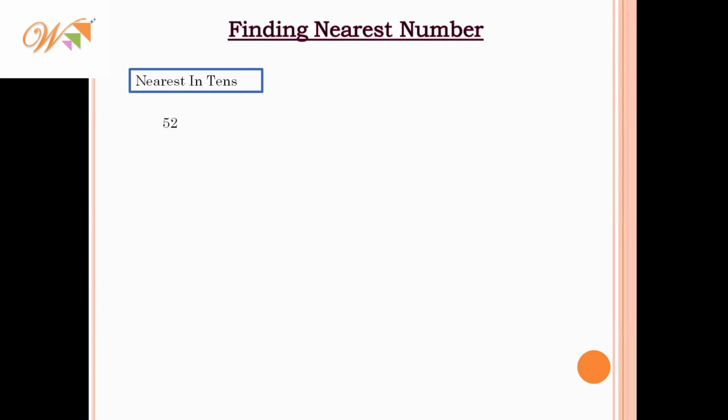Now first let's understand how to find a nearest number. Let's say we want to find a nearest number in tens. Now what do we mean by tens? If you remember the place value chart, we learnt about units, tens, hundreds, thousands, the different places that we give to the digits of any number.